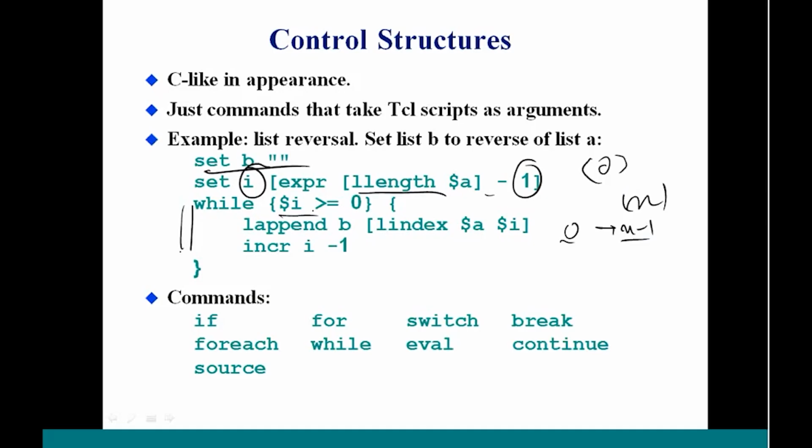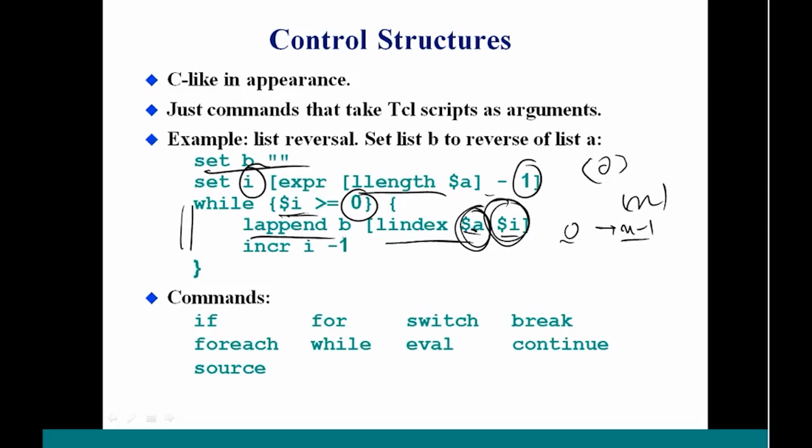And then we say $I greater than or equal to 0. As long as I is greater than or equal to 0, do this, which is L append B to L index A $I. So again L index A $I returns the list element at index I from the list $A.